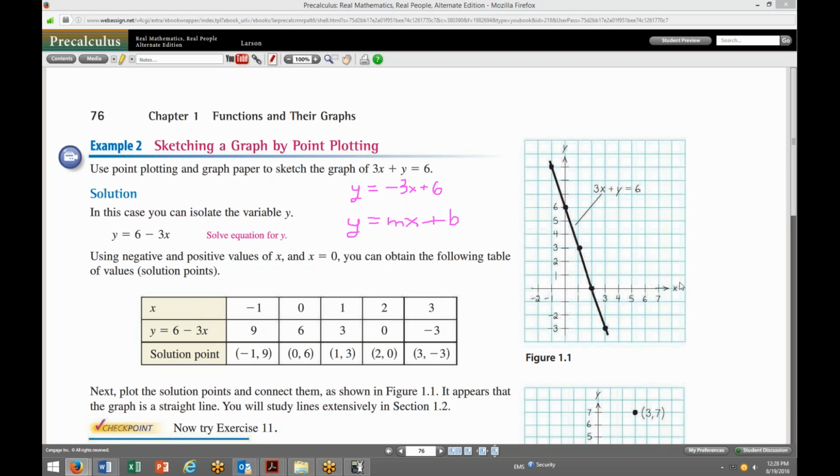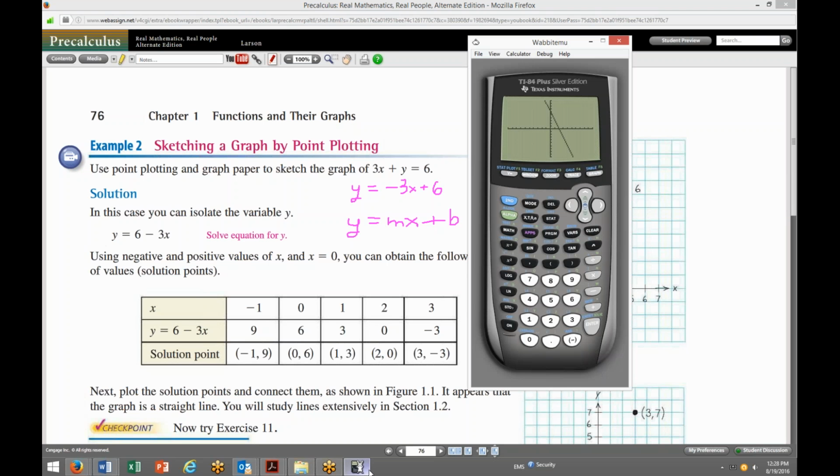Going back to the TI-84, we have the y-intercept up here of 6. Each time x increases by 1, the line drops by 3 vertically, and that represents a slope of -3, the rise over run. The rise, or the drop actually, is -3 for every 1 of run to the right, -3 over 1.